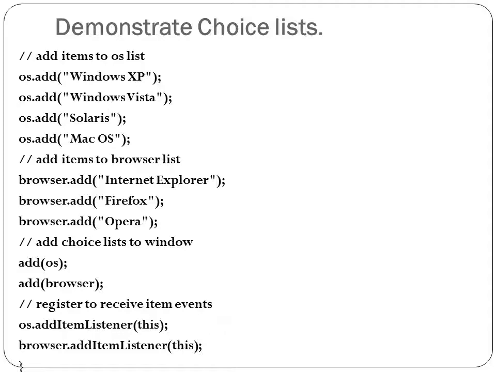Then we are adding both these choice lists to the applet window. Next thing we have to do is register listeners for item events. So here we have to add the item listener. We are adding the item listener to the first choice, that is OS, and we are adding the item listener to the second choice, that is browser.